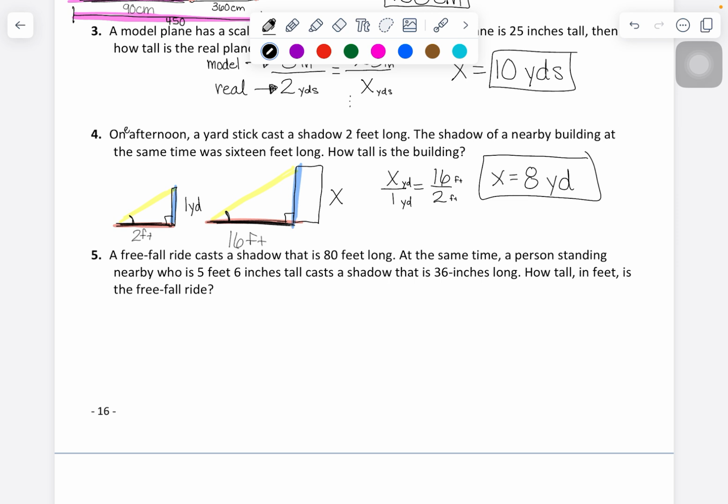Final problem. A free fall ride casts a shadow that is 80 feet long. Free fall ride, we got that. We got the people strapped into the thingamabob. Yeah, beautiful. Free fall ride. No, we don't know how long it is. It casts a shadow that is 80 feet long.